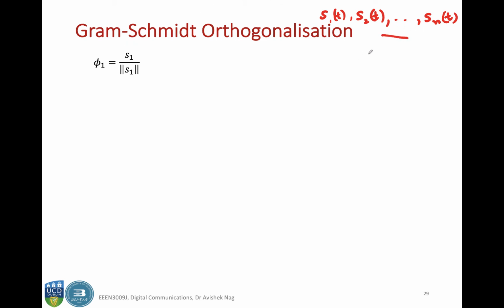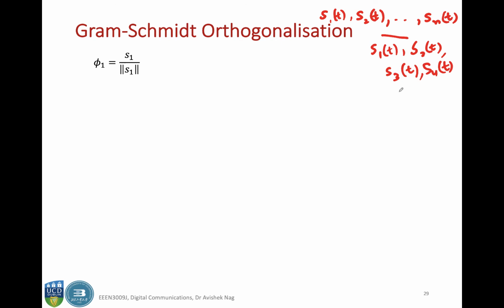To take a small example, let's say I have S1(t), S2(t), S3(t) and S4(t), so four signals.